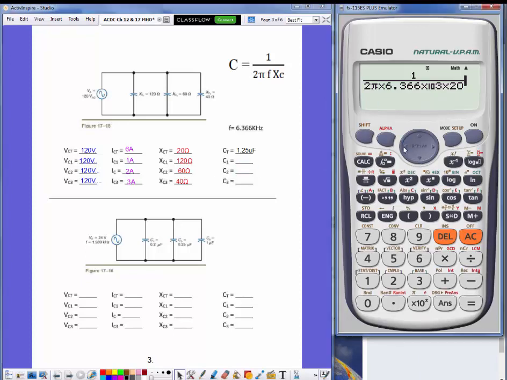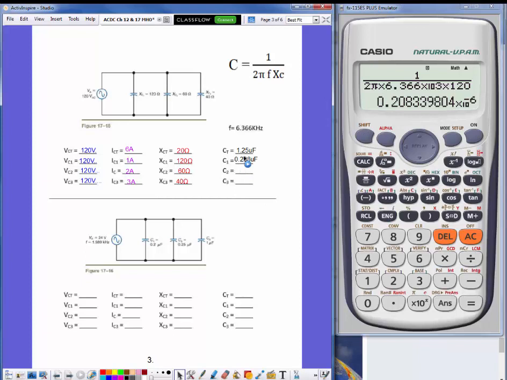In order to find C1, all I'm going to do is go up here and change out this XC number to 120. Now remember, these have to be in micro, so hit Shift Engineering. 0.208 microfarads, 0.417 microfarads, and so forth.